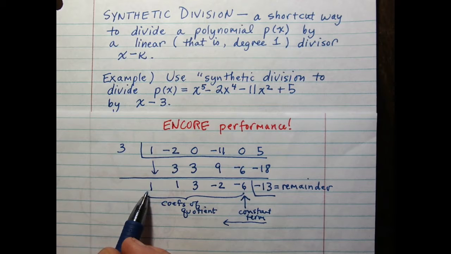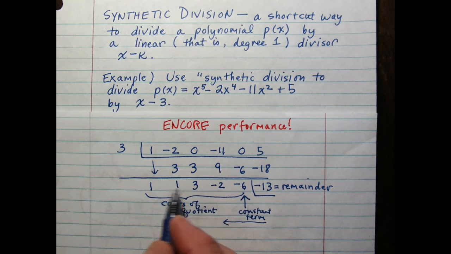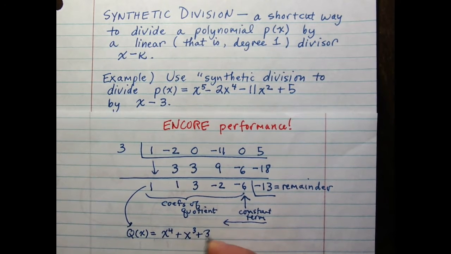Because, see, I don't just look at that 1 and know what power to write down, right? So I start back: negative 6 constant, first power, second power, third power, fourth power. So that tells me that the quotient starts with an x to the fourth term, plus x cubed plus 3x squared minus 2x minus 6.